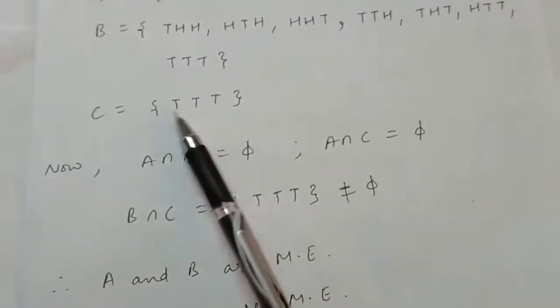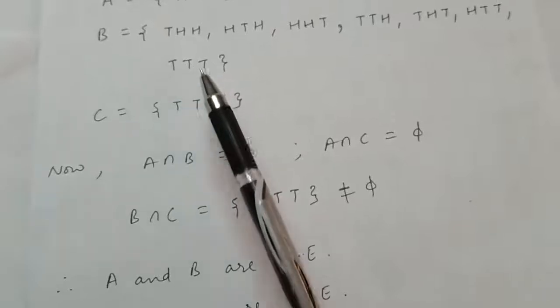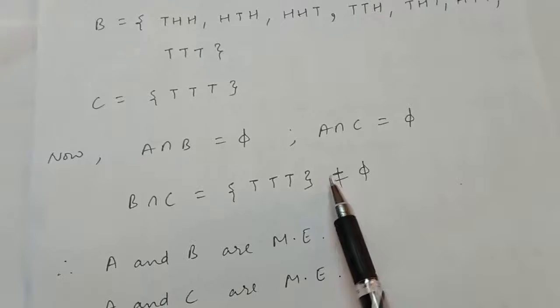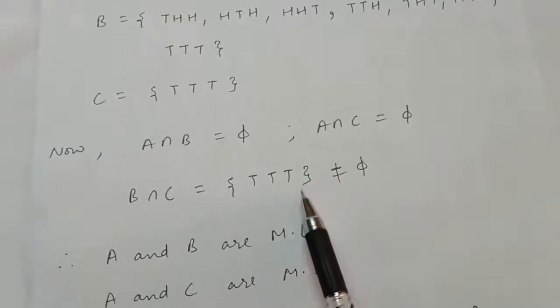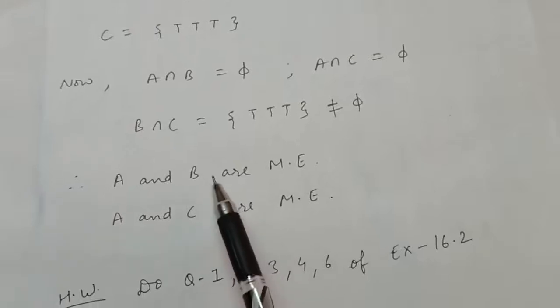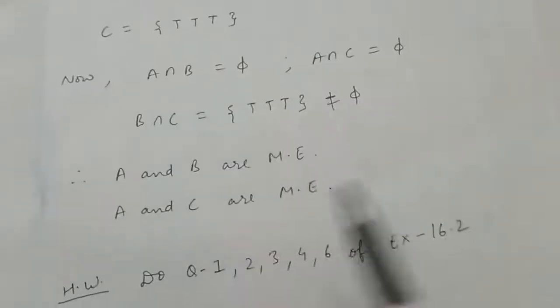This TTT appears in C and also in B. Therefore, the intersection is this, which is not equal to phi. Therefore, B and C are not mutually exclusive. So you will just write down the pairs which are mutually exclusive, A and B and A and C, right?